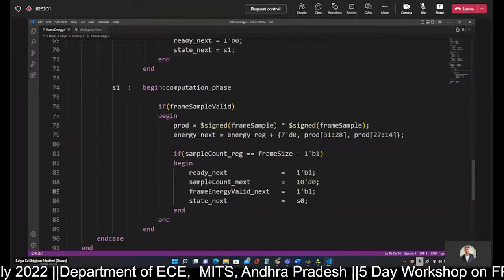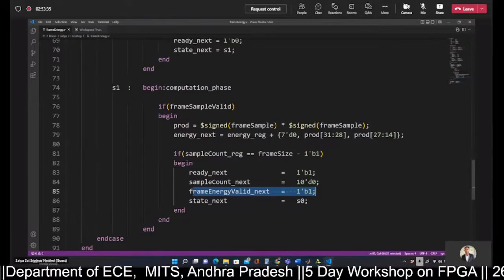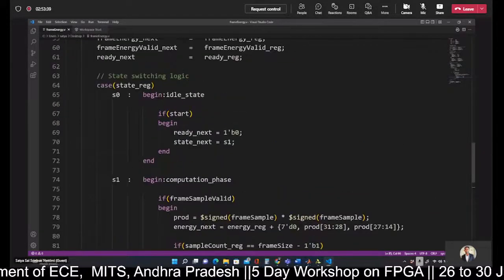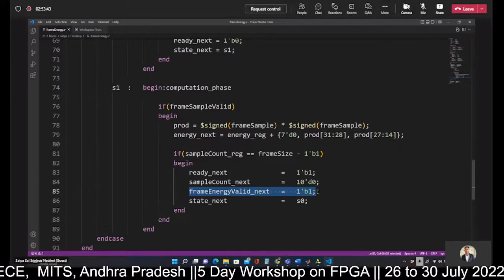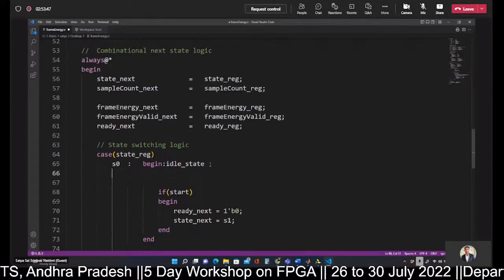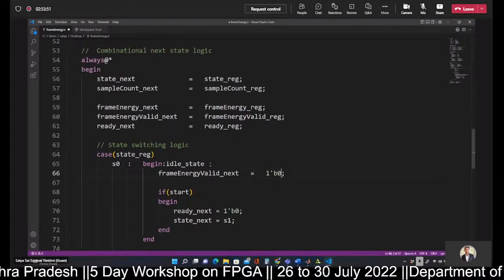But as per the convention, the valid signal should be logic high only for one clock cycle. So the moment it goes to the idle state, then in the next clock cycle we have to make this signal to be logic low.